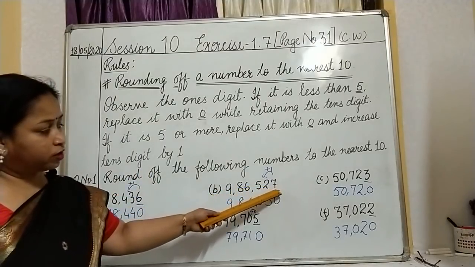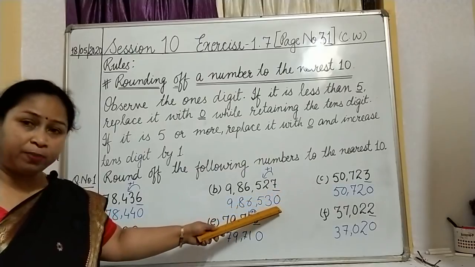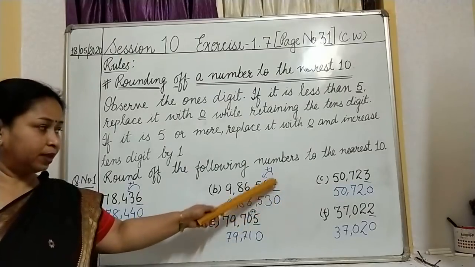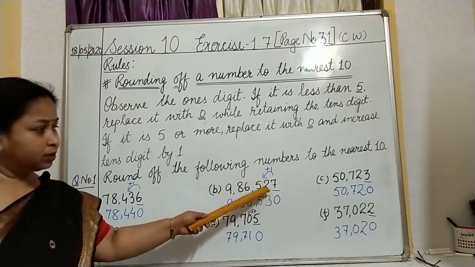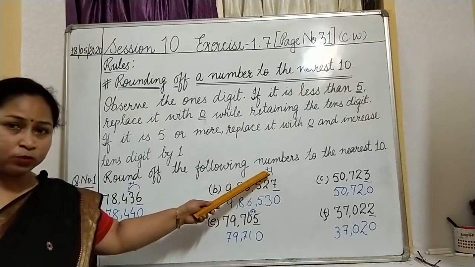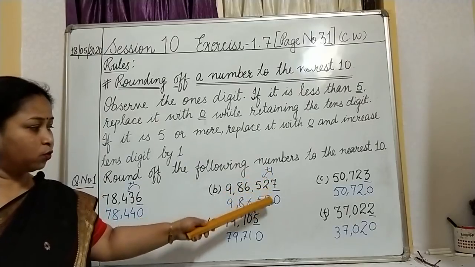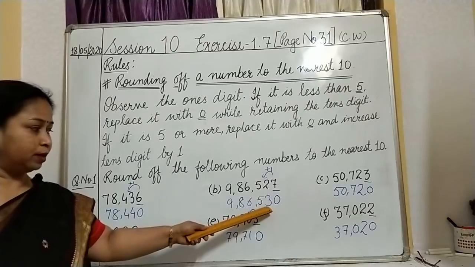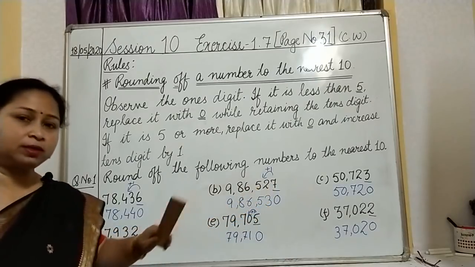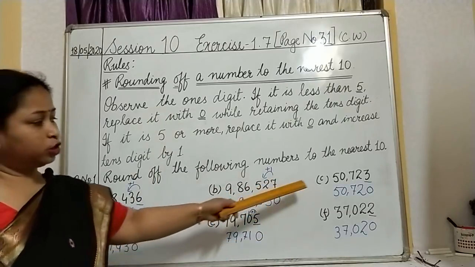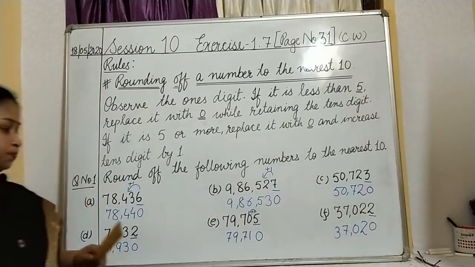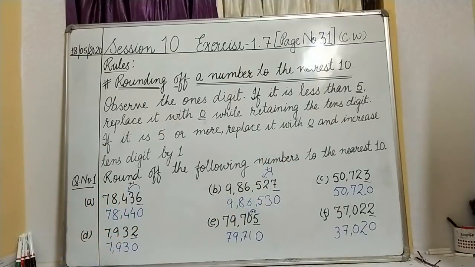Then look for the next one, question number B. Instead of this 7, we have replaced it by 0. Then the tens place is increased by 1. So instead of 2, we have written 3 over there. Okay, and the rest of the digit is as it is. Then question number C I have explained just now. Question number D also I have explained.